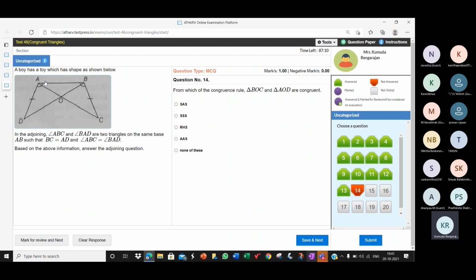So by CPCTC, angle BAO is equal to angle ABO, from the congruency of the earlier two triangles. From this full angle, when you subtract this angle, you get this, and from this full angle, when you subtract this angle, you get this angle.